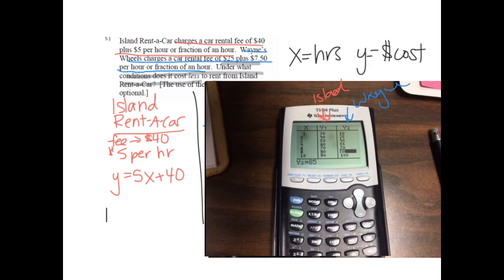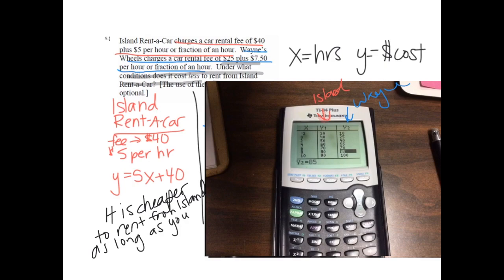So it is cheaper to rent from Island as long as you need the car for over 6 hours. At 6 hours, they're both $70. At 7 hours, that is when Wayne's Wheels starts to become more expensive. All right, and you can see that from the table of values right here.